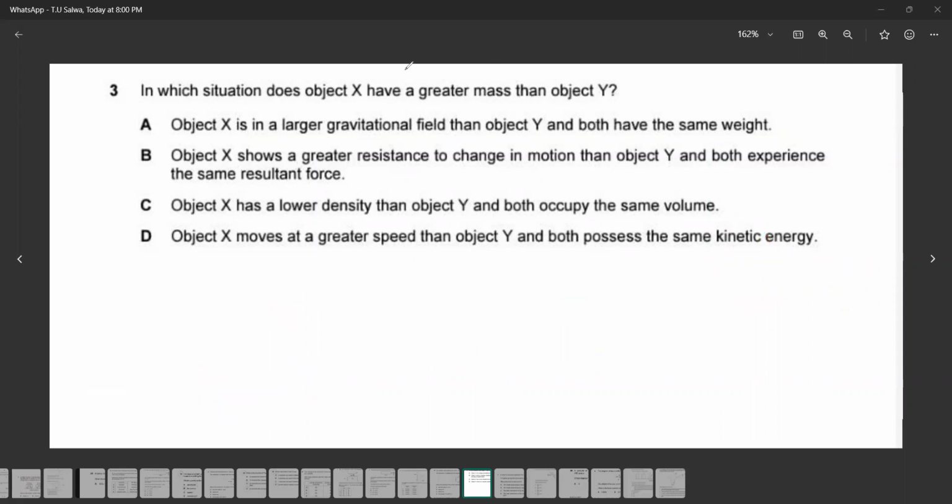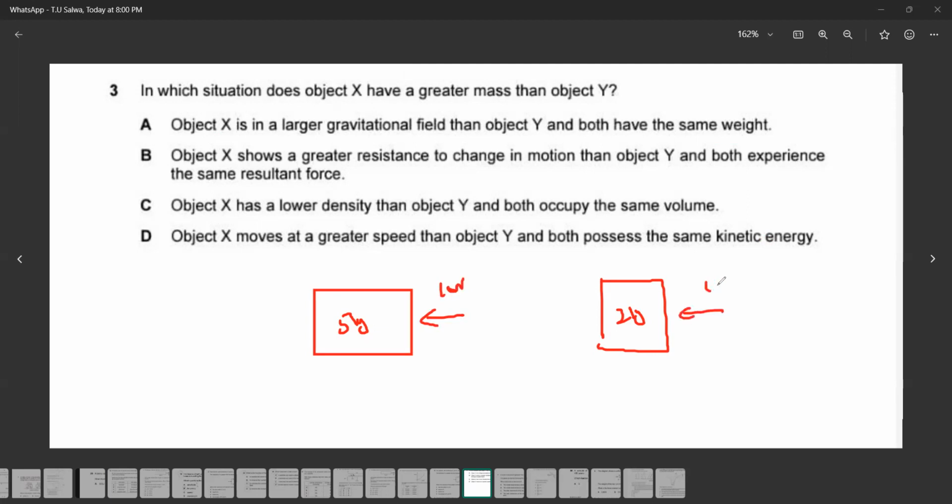So statement B is like, for example, I have a 5 kilogram object and I have a 2 kilogram object. If we apply the same resultant force, like I'm applying a force of 10 Newton on both of them, which object will be difficult to move, or which will show a greater resistance to the change?